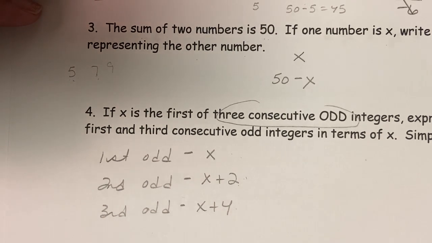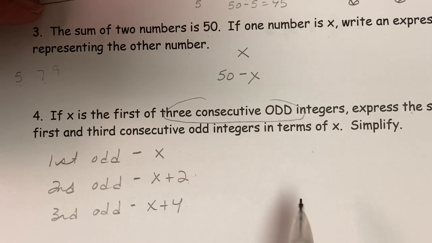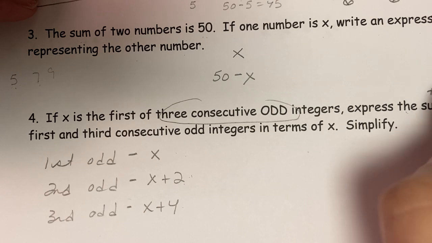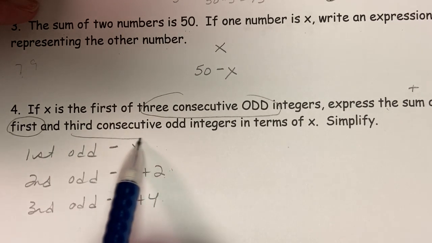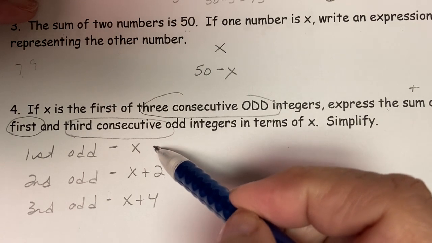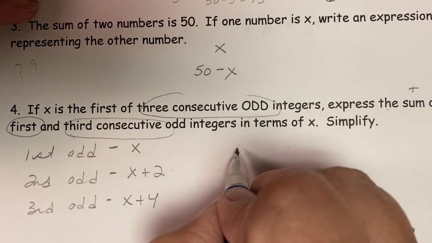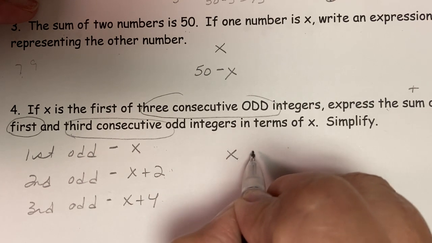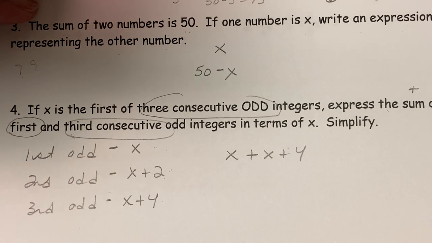Okay, now, what does it say to do with that? It says express the sum, remember sum means addition, of the first one and the third one in terms of x. So I want to express the sum of my first odd integer and my third odd integer in terms of x, which means I'm simply going to add the first integer to the third integer.